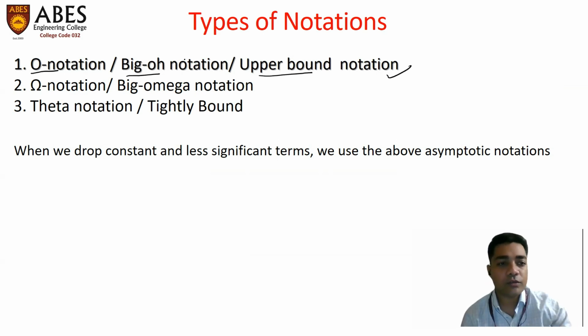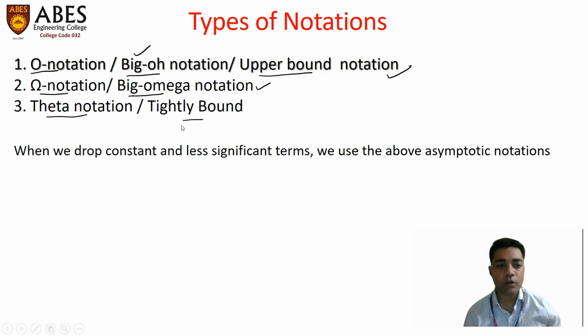Any name can be used, but generally big O notation is the name we use. The second type of notation is omega notation, or big omega notation. And the third notation which we use is theta notation. What are these notations and how we use them, we will see in just a moment.